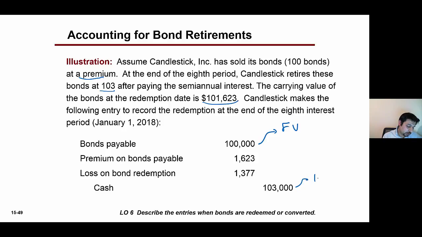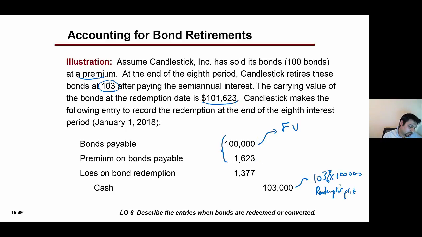This is 103% multiplied by the face value, and think about it as the redemption price. This is the amount of cash paid.